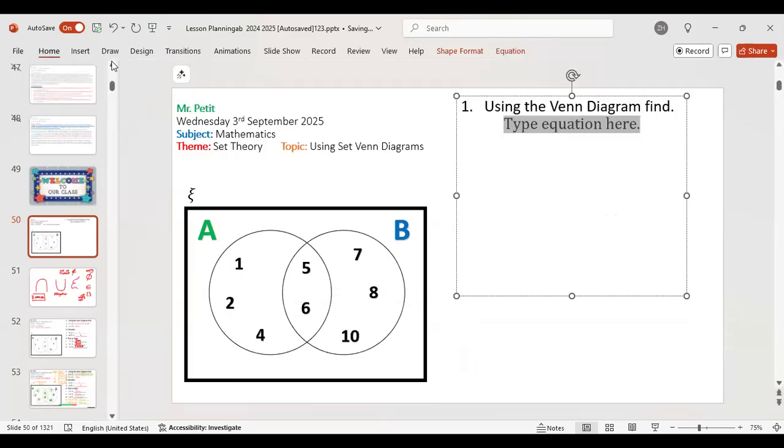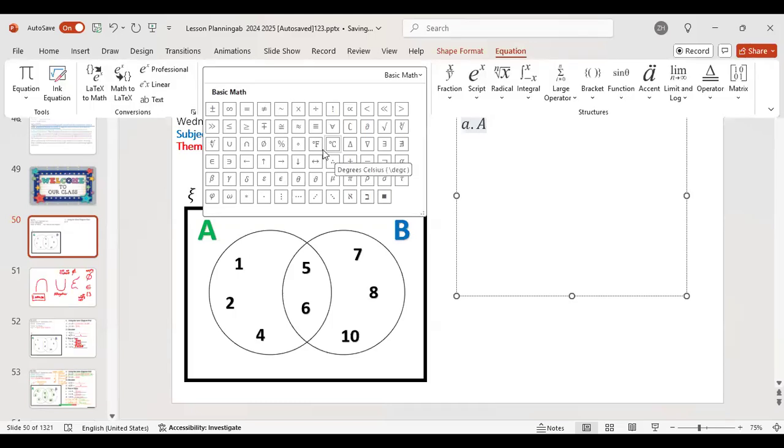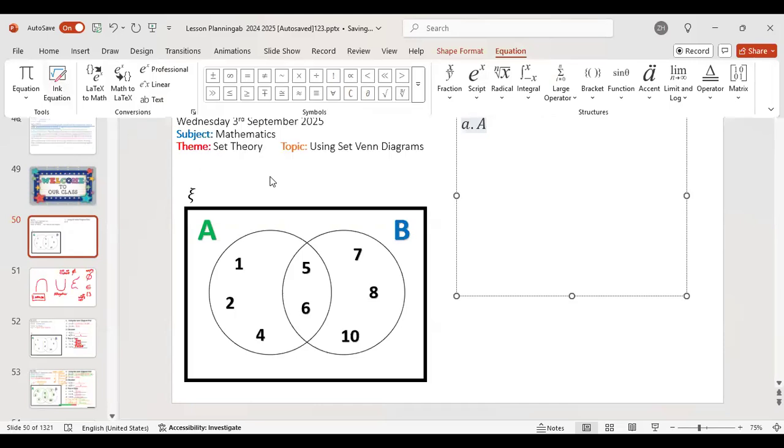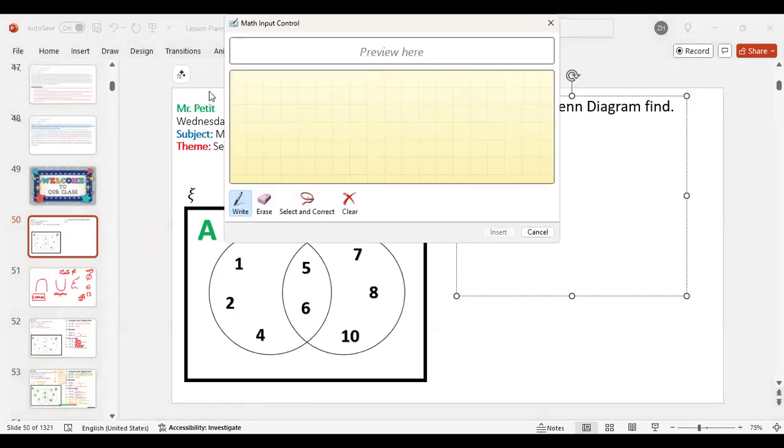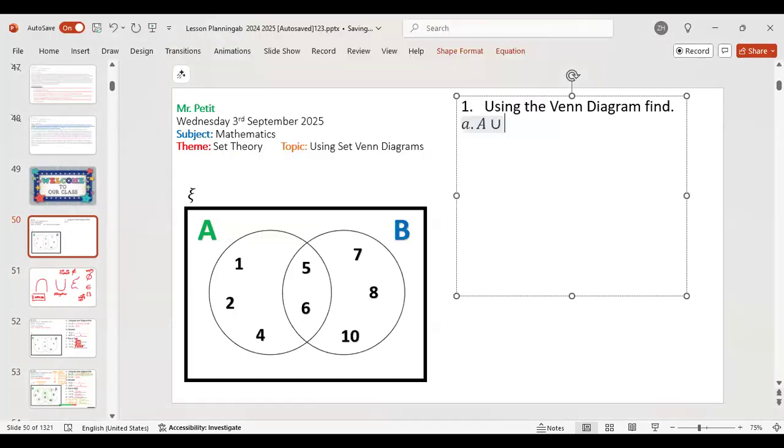So A is going to be, this is A union. Where's the union? A U B. So A U B. Okay. That's the first one.